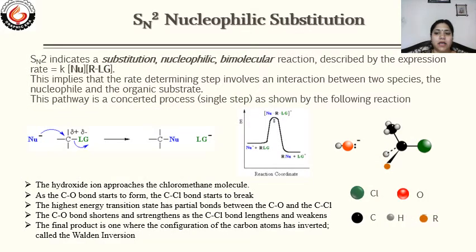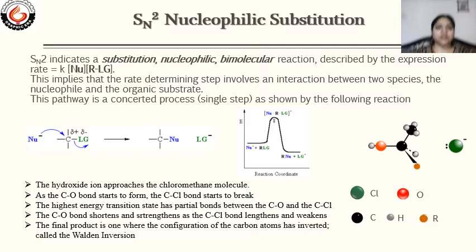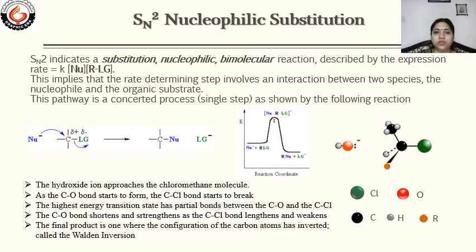Now the SN2 nucleophilic substitution reaction. In SN2, 2 stands for bimolecular, N stands for nucleophilic and S stands for substitution. In this case, the rate expression is rate equals k times the concentration of nucleophile times the concentration of the substrate, represented by RLG.